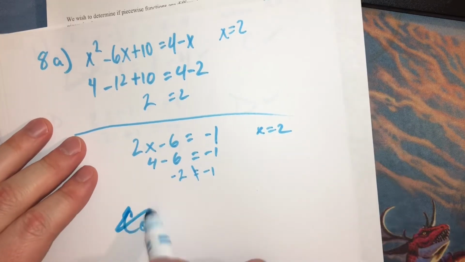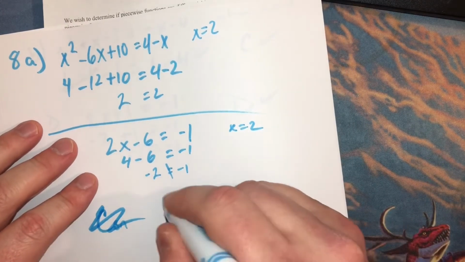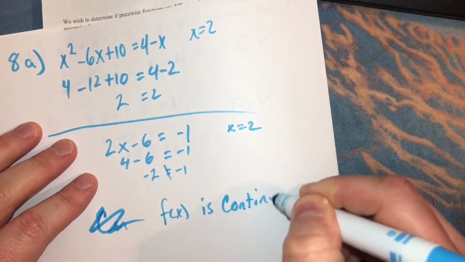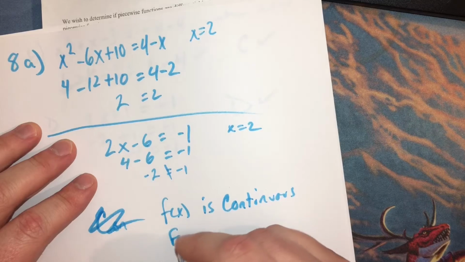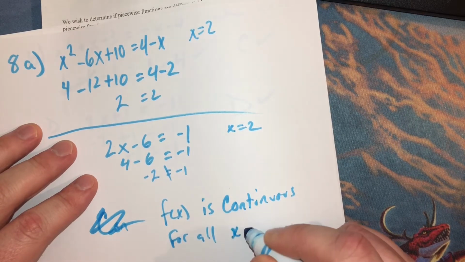All right, you know what? Let's use the language, right? We can say f of x is continuous for all x.